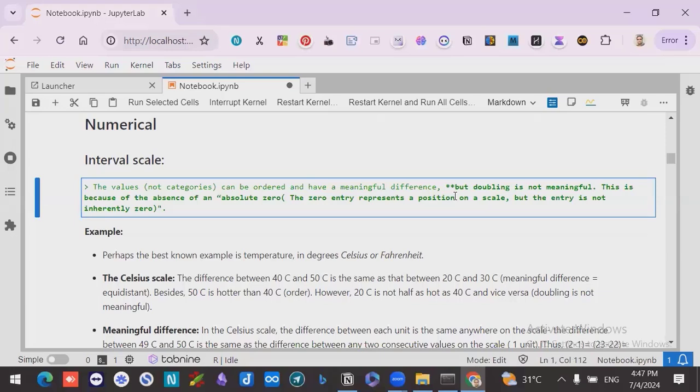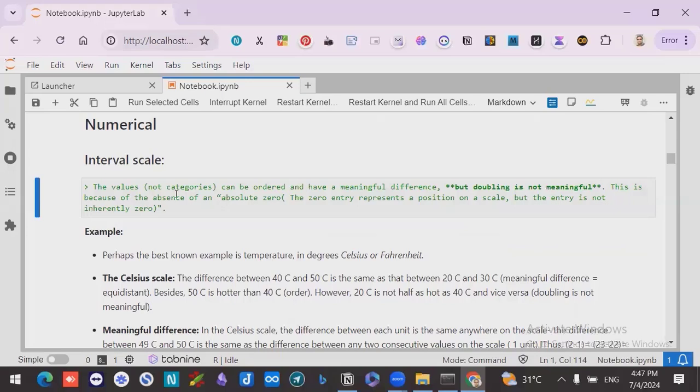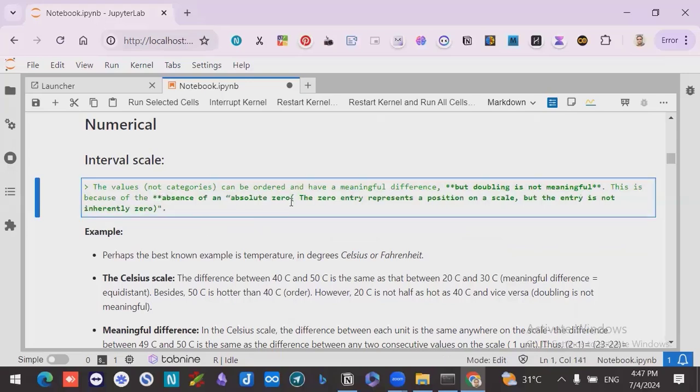Not meaningful in this case. This is because the absence of an absolute zero is the main thing. Absolute zero is absent in these cases.